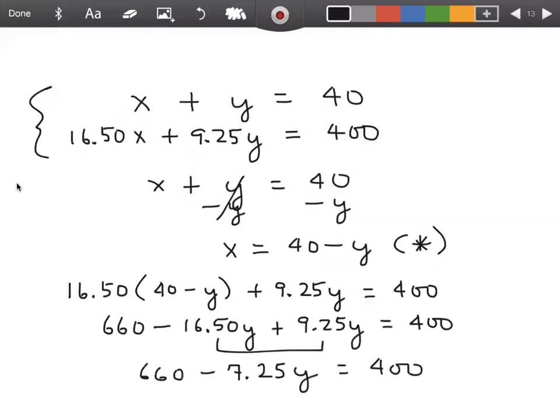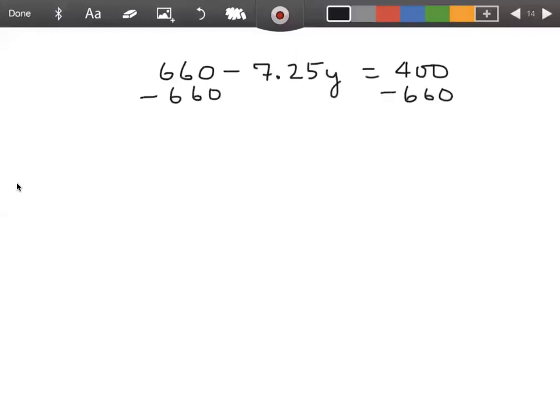All right, let's carry that equation over onto the next page. 660 minus 7.25y equals 400. We'll subtract 660 on both sides, which gives us negative 7.25y equals negative 260.